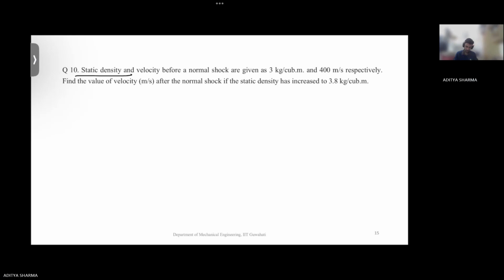So the question says that static density and velocity before a normal shock are given as this and this.